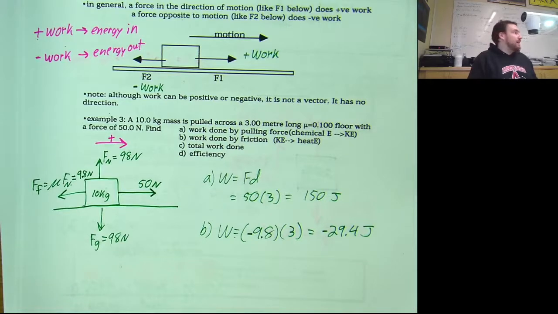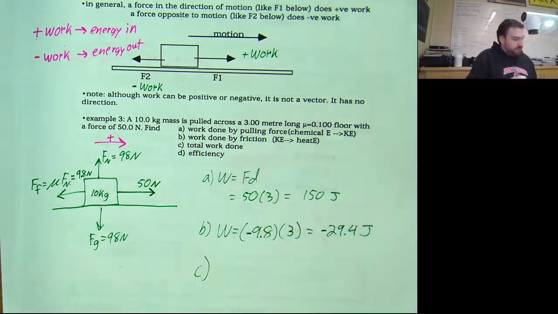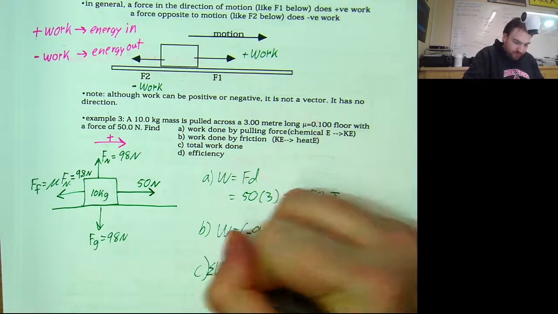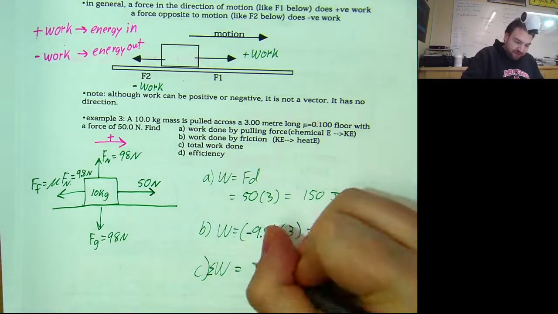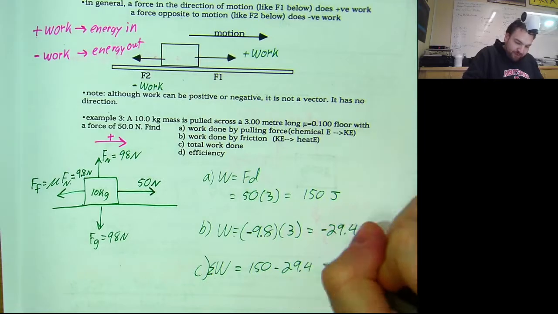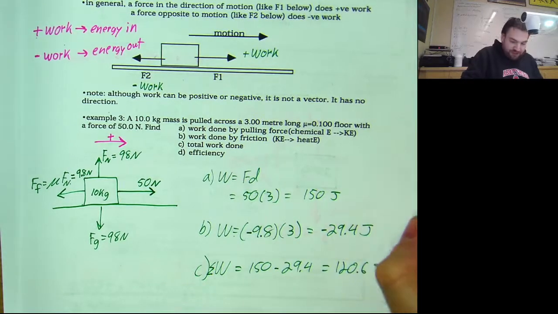So it's taking away 29.4 joules of energy over the course of that motion. We want the total work done. Let's add them together. Sum of the work, 150 minus 29.4 is equal to 120.6 joules.